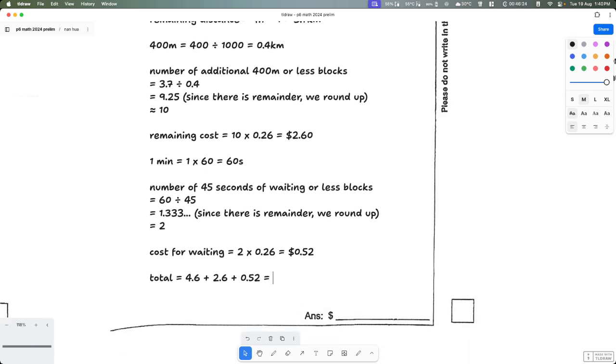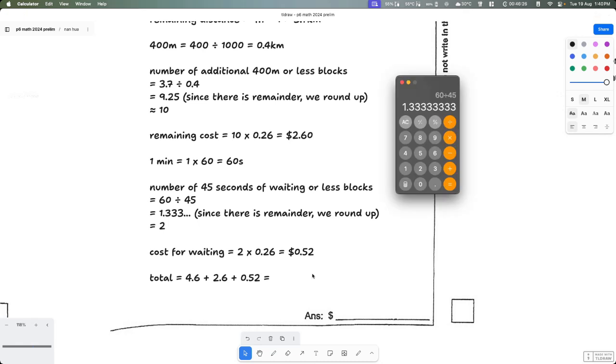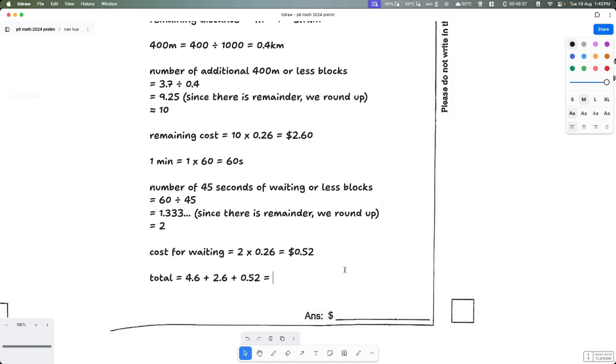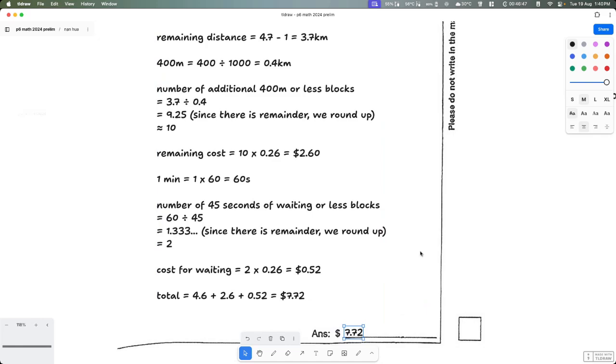Let's use our calculator. This will give us $7.72. There you go, that's the answer. All right, let's move to the next question.